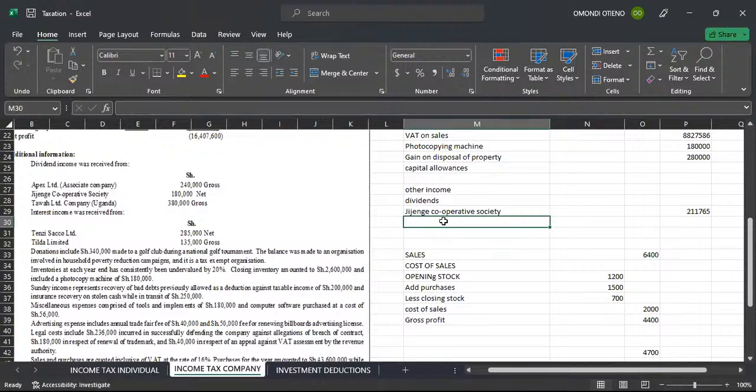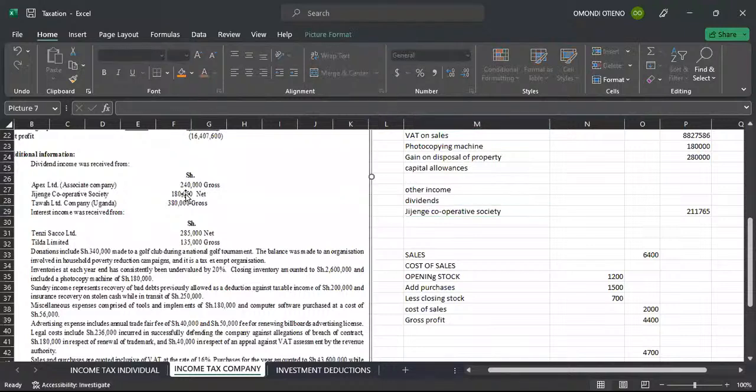Remember, I've indicated it is other incomes. This one is supposed to be subjected to tax, but the only thing we are doing is we adjust it to the right value. They recorded 180,000.